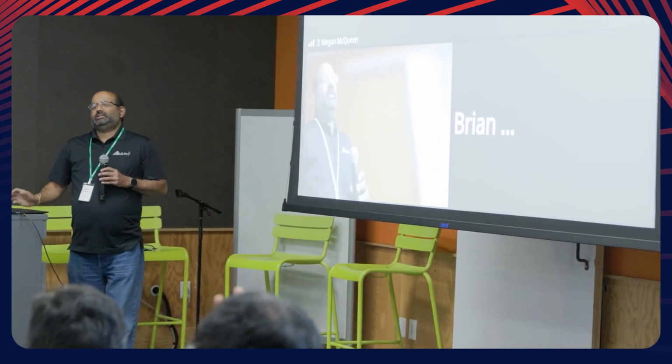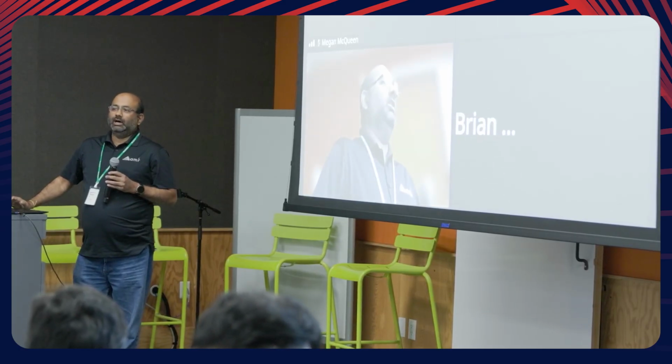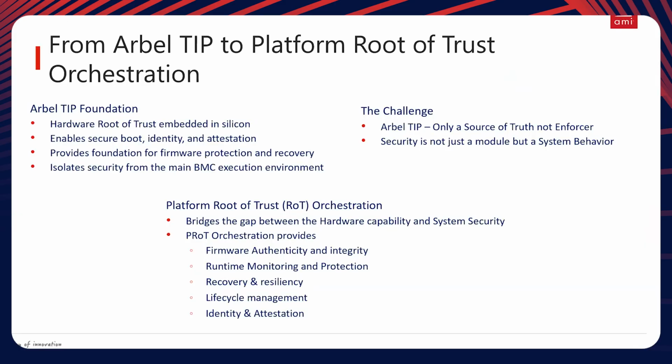So Hila just talked about the functionalities of the root of trust embedded into the BMC silicon SoC. What it does is provide you a root of trust, a source of truth, but without the firmware it's just a module.